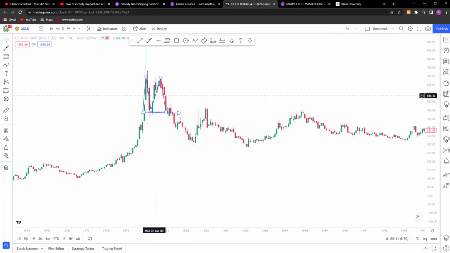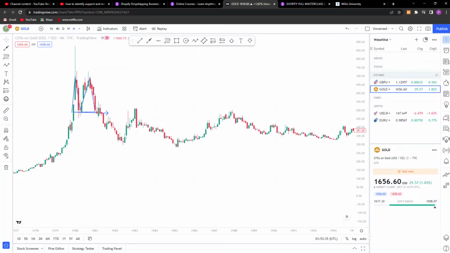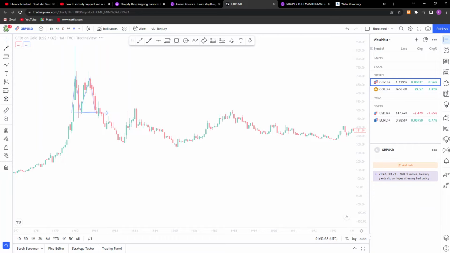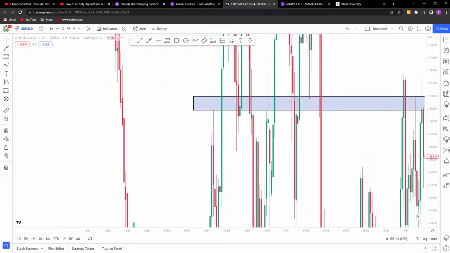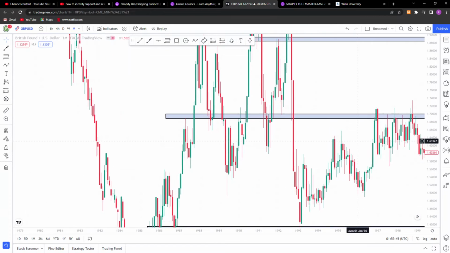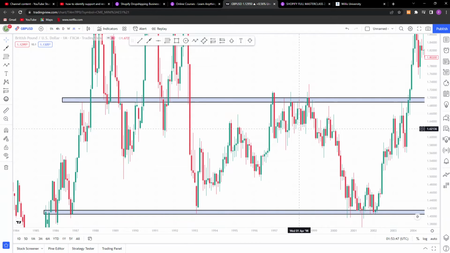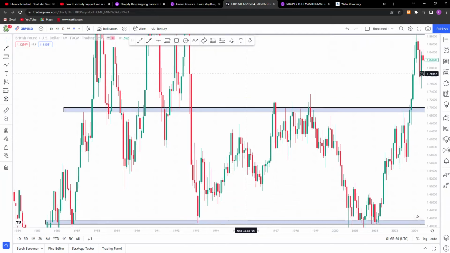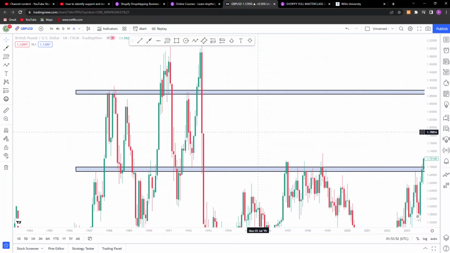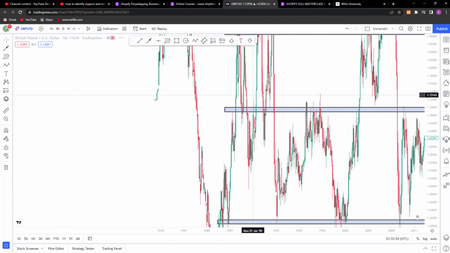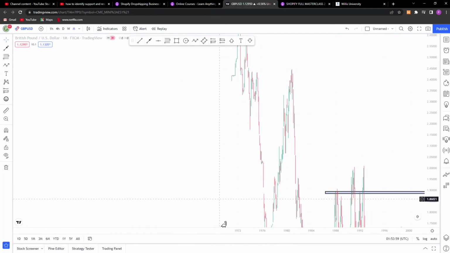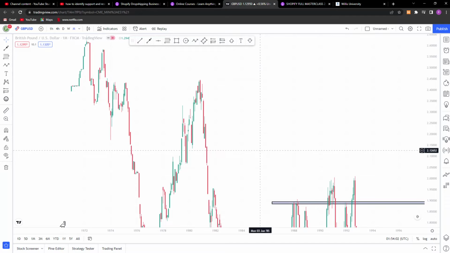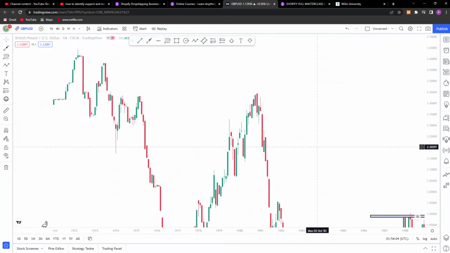There's one more chart pattern I want to talk about. We have head and shoulders. Let's see if we can see that on GBP USD. For head and shoulders, basically I think we should see a head and shoulders somewhere around here.